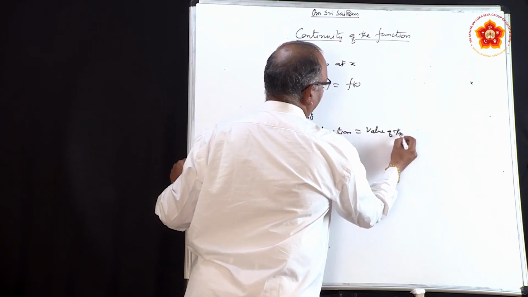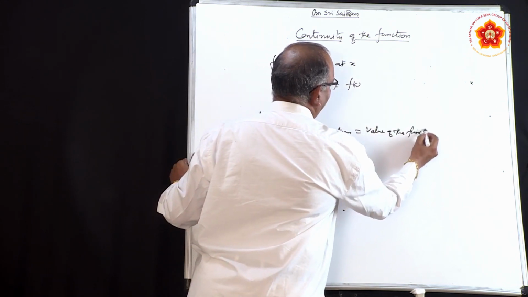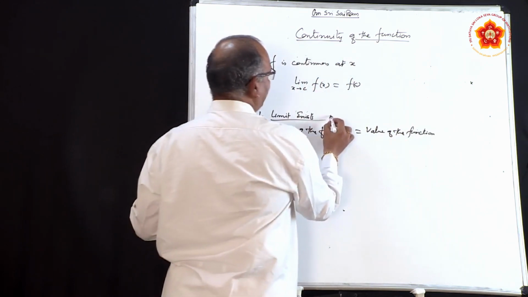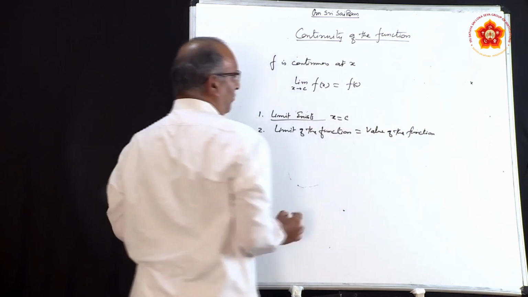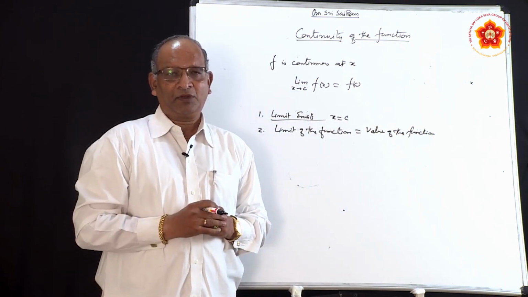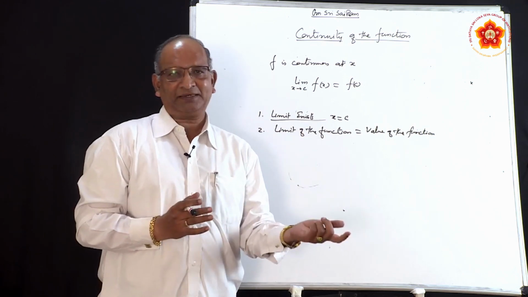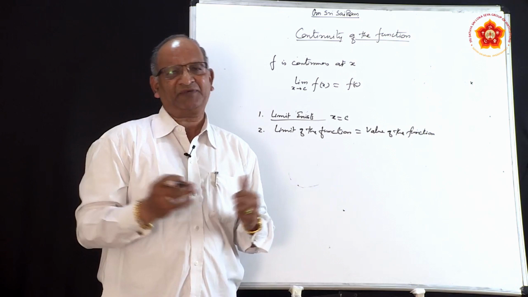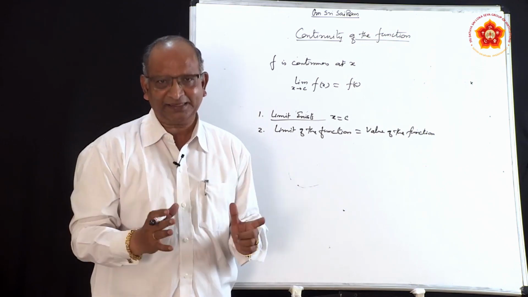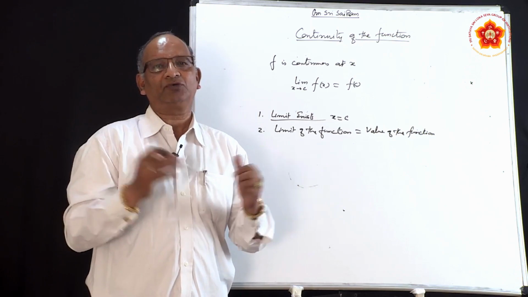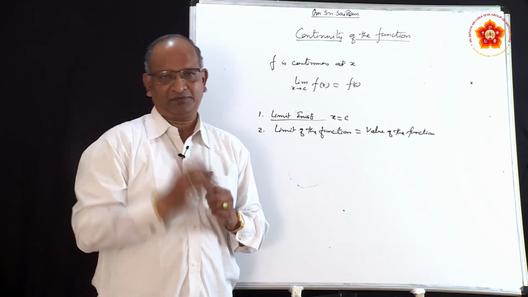First, let us understand what we mean by the limit existing at a given point x equal to c. It actually means that the left hand limit is equal to the right hand limit. What do you mean by left hand limit? Let us say we are testing the continuity of a function at x equal to c, and let us say c is 5.